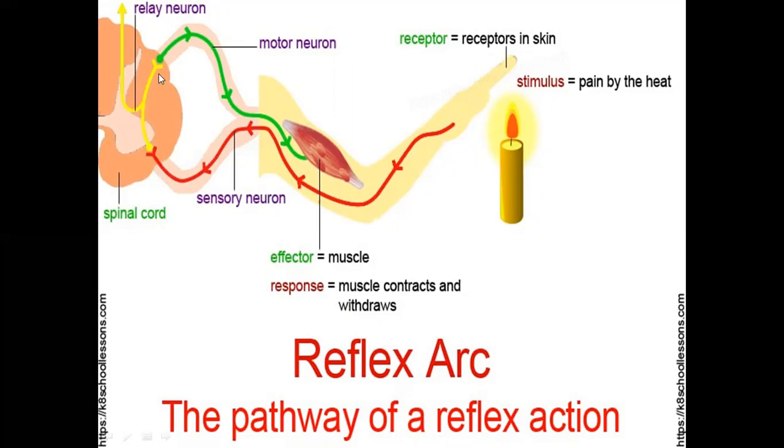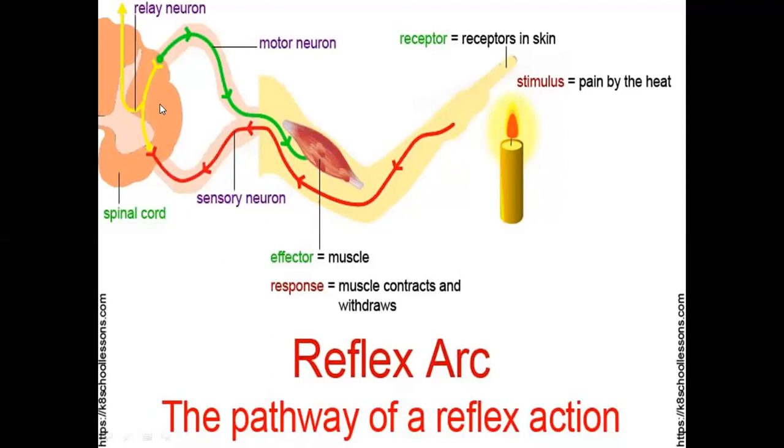This whole is a spinal cord, and here you can see the motor neuron, the sensory neuron, and this is the interneuron, also called relay neuron. Now, what happens when our hand touches this heat or this object? Then a nerve impulse is generated, which is carried by the sensory neuron to the interneuron of the spinal cord.